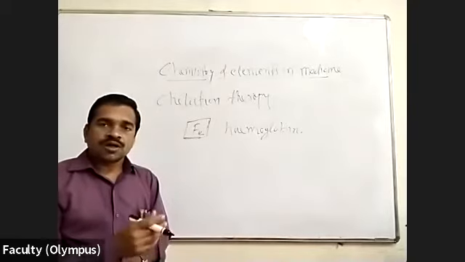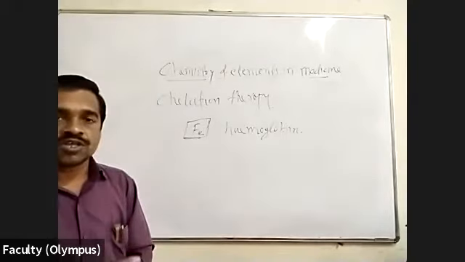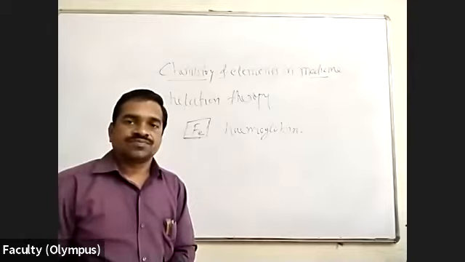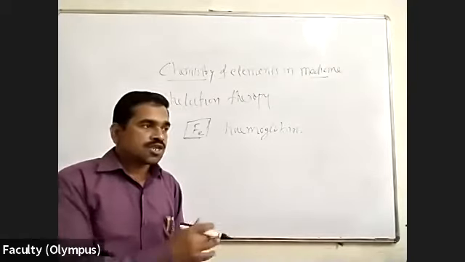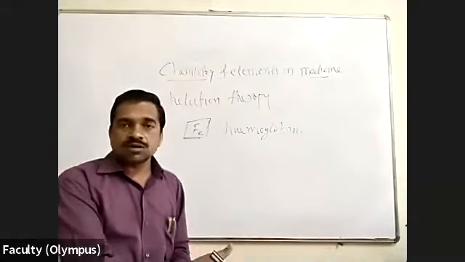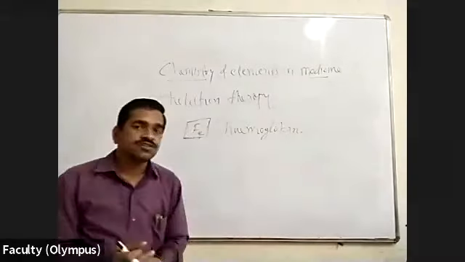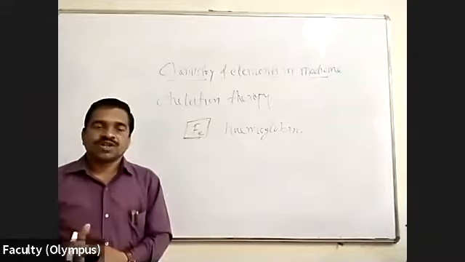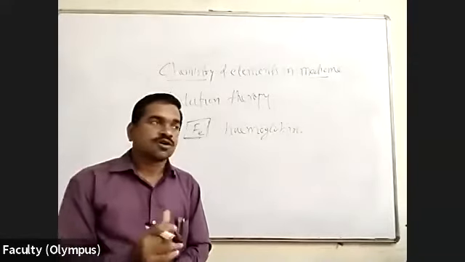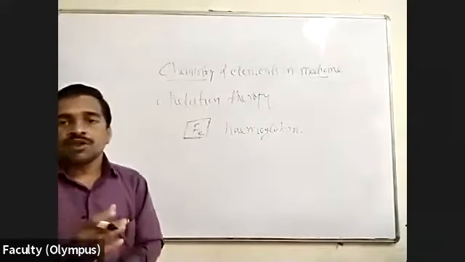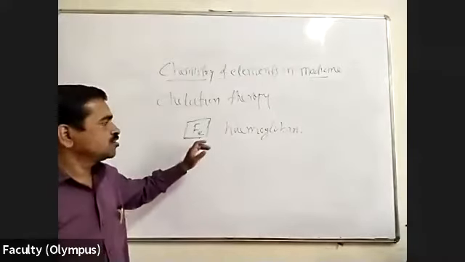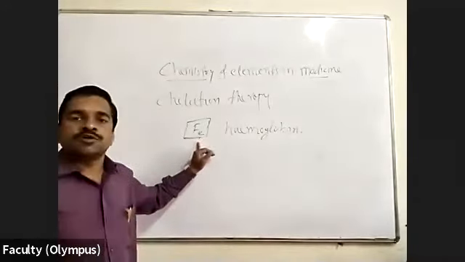So then excess iron will remain in the body as it is, or that cannot be stored in the ferritin. Then that excess iron is too much toxic. It combines with oxygen and forms some toxic substances that should be removed from the body.